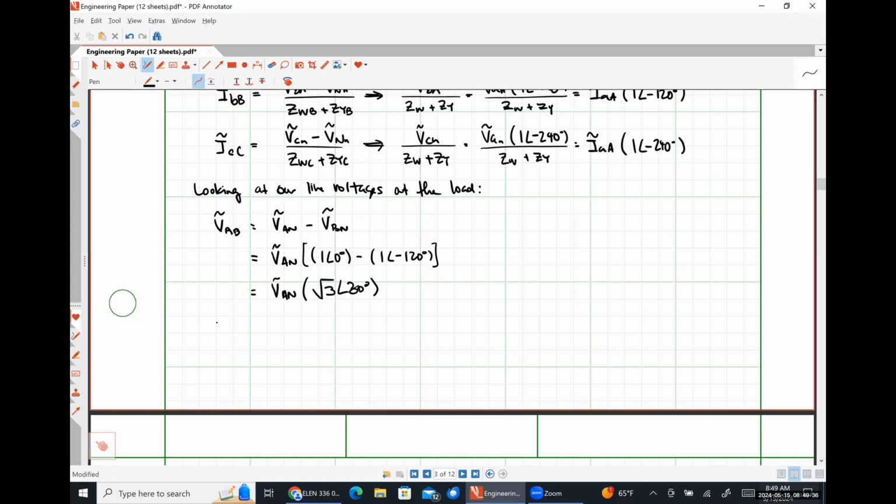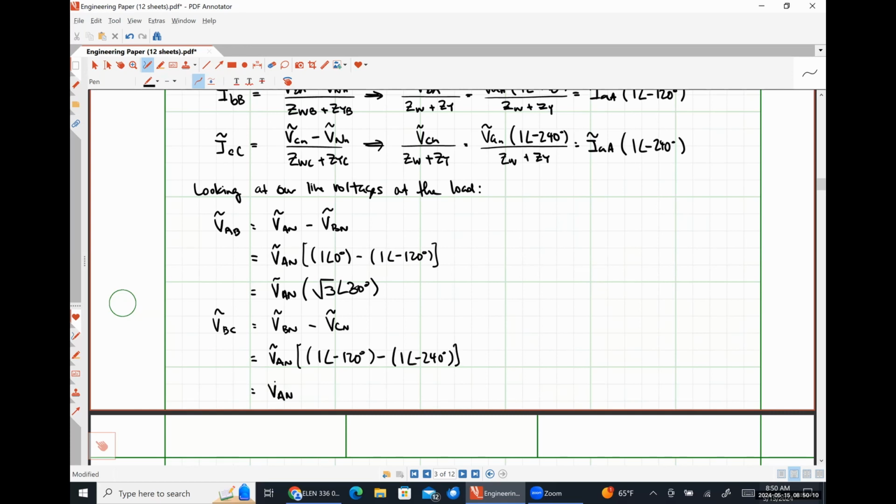If we looked at VBC, that would be the same as VBN minus VCN, which would be VAN times 1 angle negative 120 minus 1 angle negative 240.